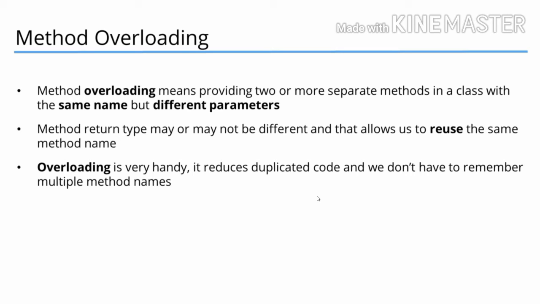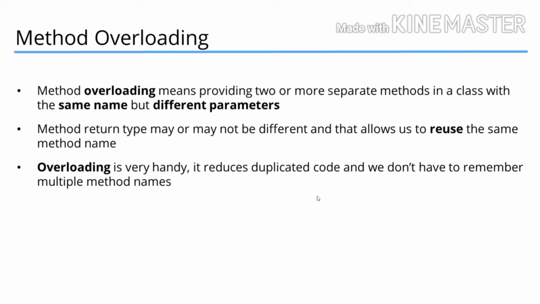So a method can have the same name, like in the previous one, run, eat, but they should have different parameters, like one should have one, the other should have two. The method return type may or may not be different, and that allows us to reuse the same method name.